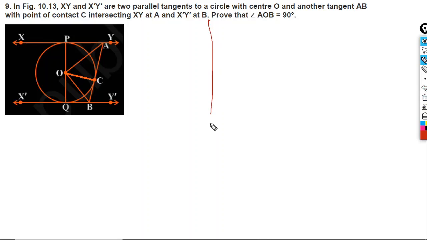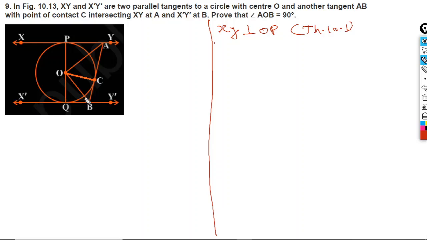Okay, so we'll try to solve it. Please write given and to prove. So here XY is perpendicular to OP. Why? Theorem 10.1.